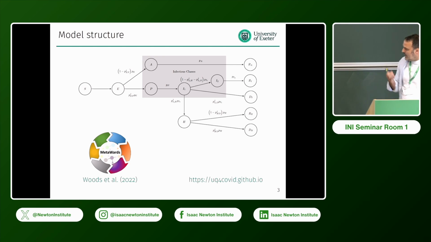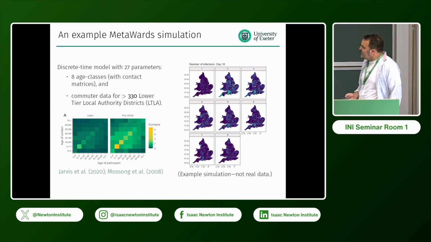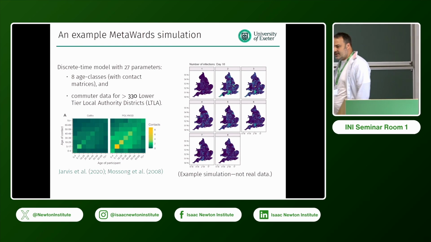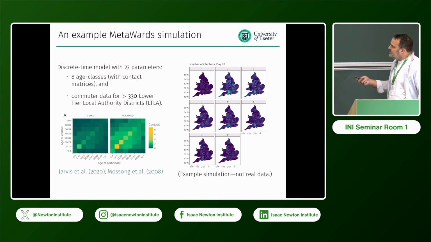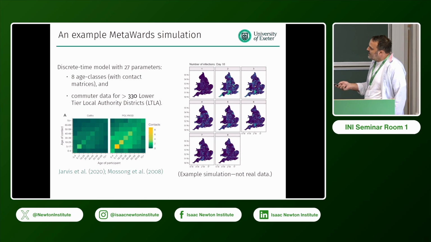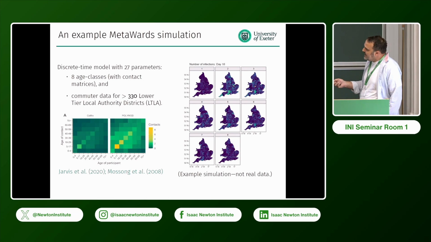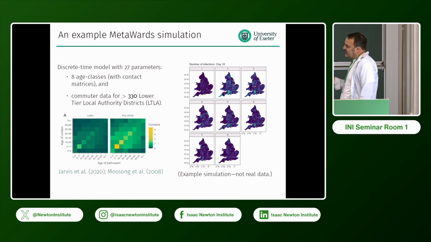On top of this, because we've got this age structure, the transmission term also has an age dependence, in a fairly classic way using contact matrices. We use the POLYMOD data and then latterly the CoMix data to drive transmission.